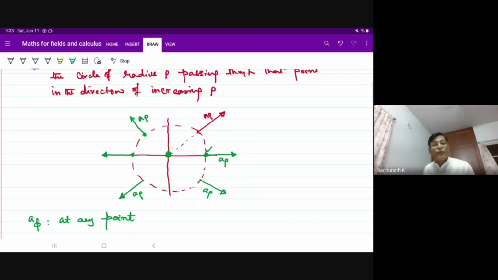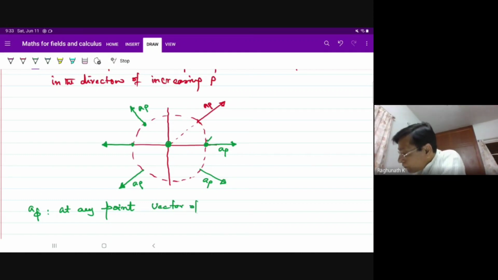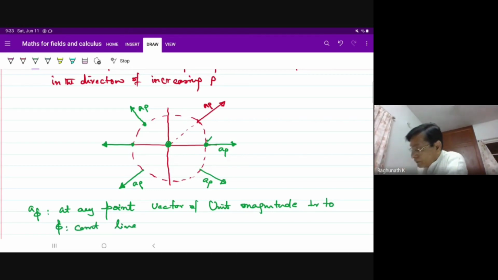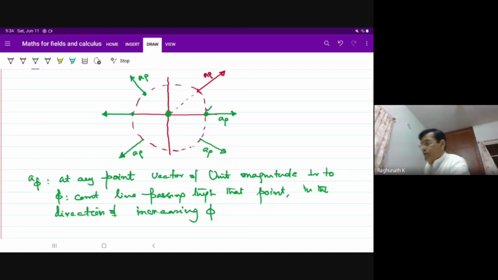At any point, it is a vector of unit magnitude perpendicular to the phi equal to constant line passing through that point, in the direction of increasing phi.